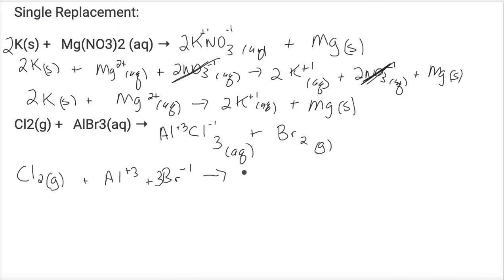That's going to make Al 3+ aq. Oh, you know what I forgot to do? I forgot to balance this equation. That's a good lesson, because watch what happens at the end here. Anyway, plus 3 chloride ions, -1, plus Br2 gas.